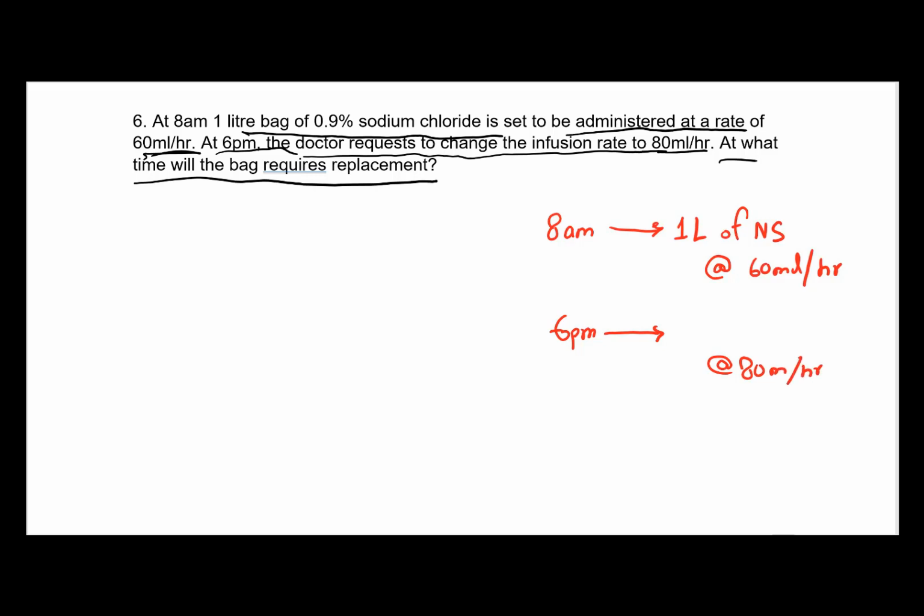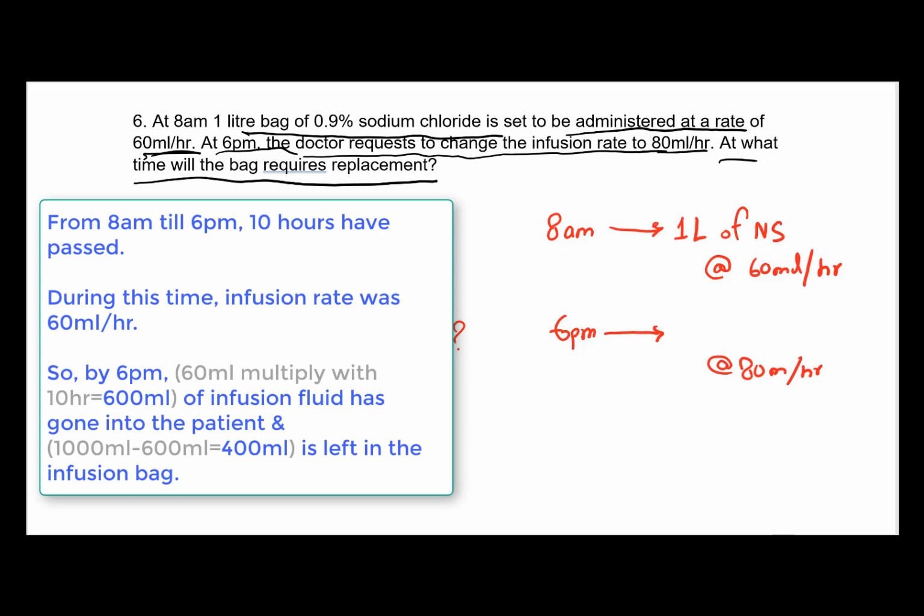We need to first figure out how much volume is left at this point. At 8 a.m. we started the infusion. 1 liter was given at 60 mils per hour. 1 liter means 1000 mils.